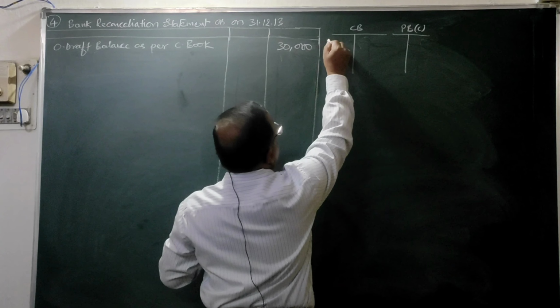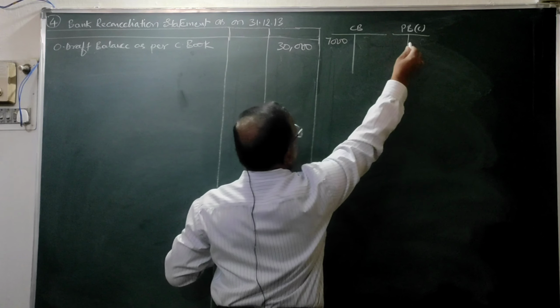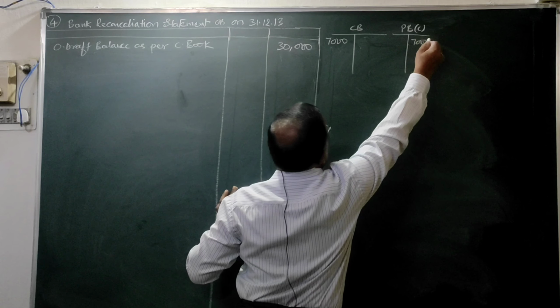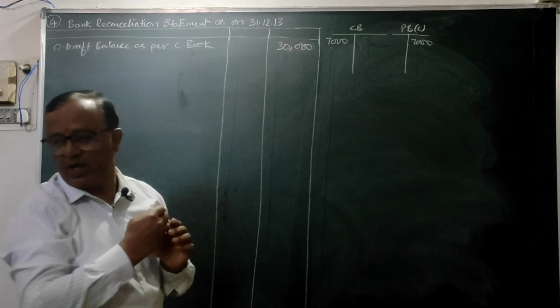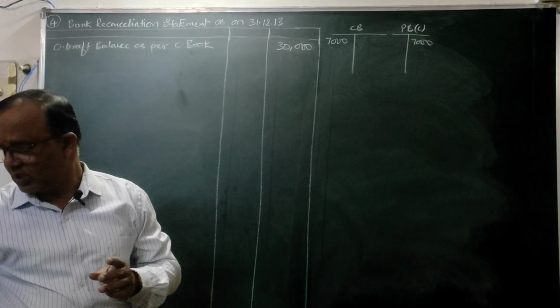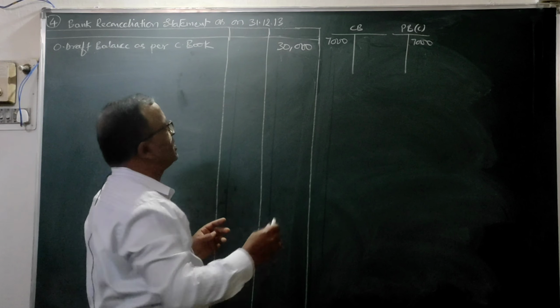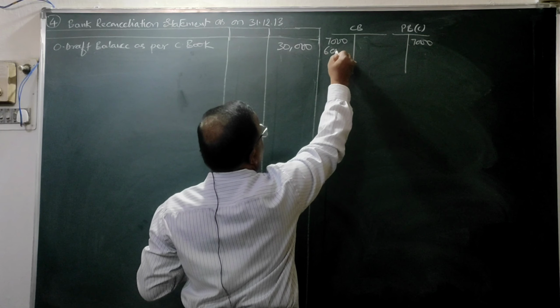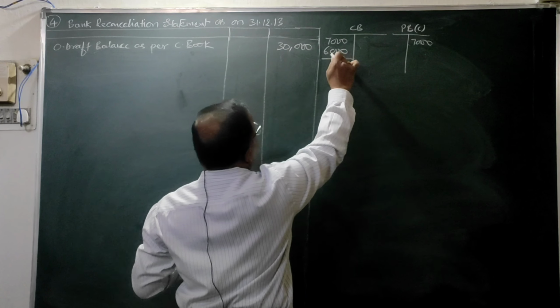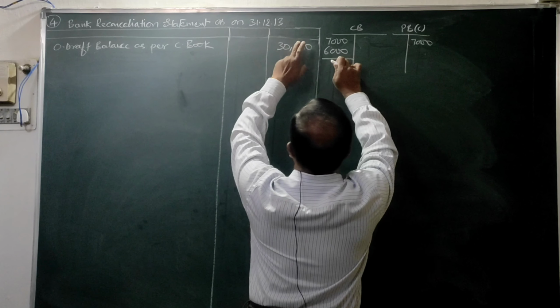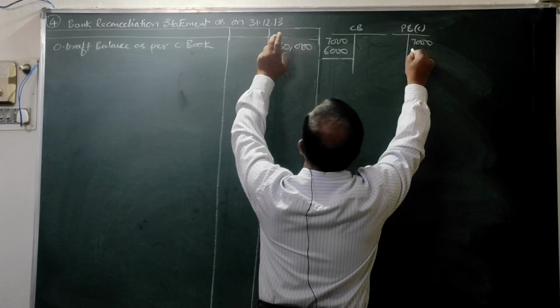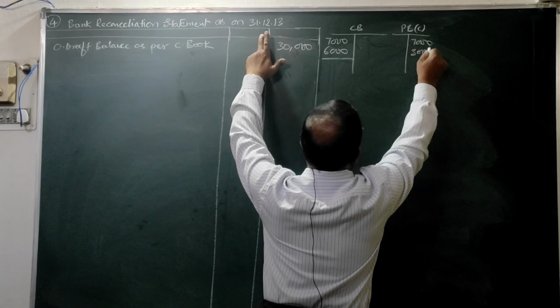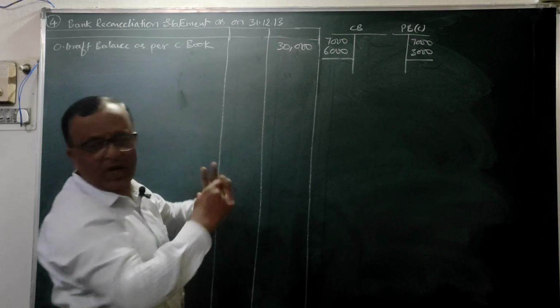So let's take some 7,000 rupees as minimum balance in your account. Out of this, how much in checks have you paid into the bank? 6,000. So when you open, you will be debiting 6,000 here in the cash book. Out of this, 3,000 are credited after this particular date, meaning the remaining 3,000 are credited before this particular date only. So those 3,000 we are crediting here in the passbook.